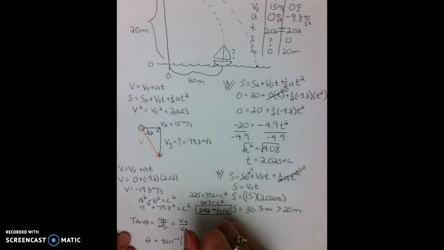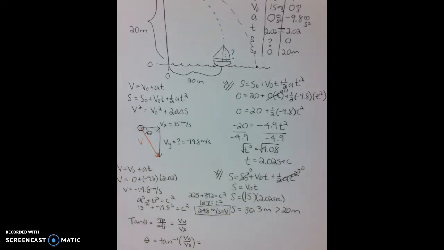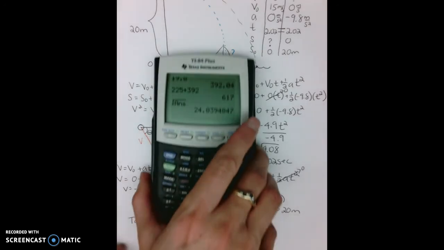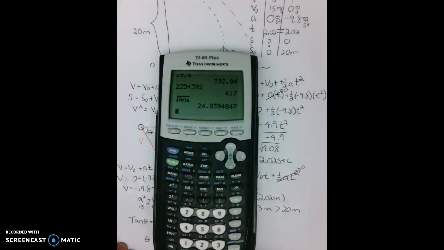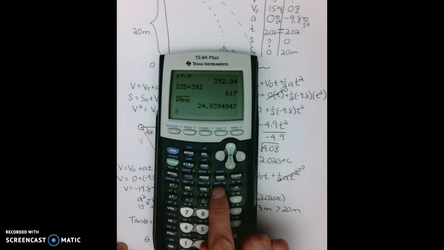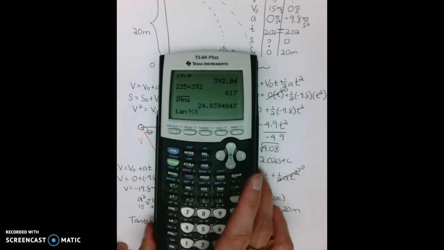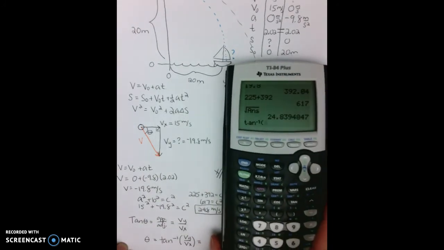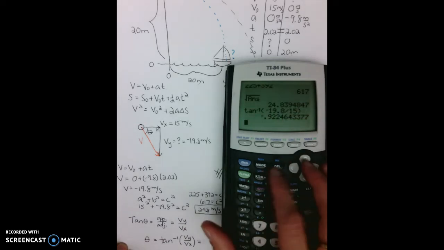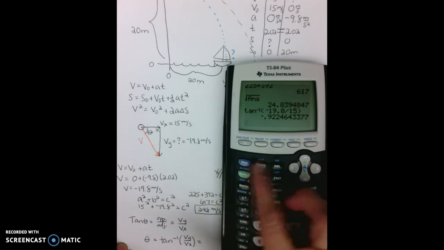Okay? And so in your calculator, that function can be found right above the tangent function in blue, tangent to the negative 1. So I go tangent to the negative 1, and then I put my values for Vy and Vx in, and Vy is negative 19.8 divided by 15, and that gives me a, oops, I must be in radians. Make sure you're not in radians mode.